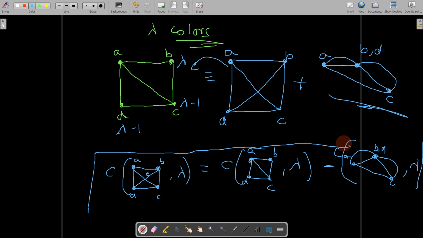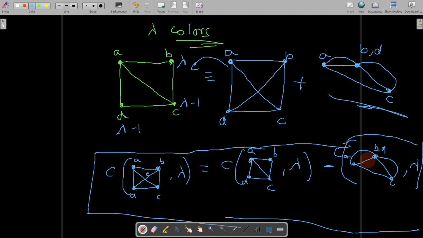Iteratively, no matter what graph you have, you can find the chromatic polynomial by removing any edge from the graph, minus merging the end vertices of that edge into a single vertex.